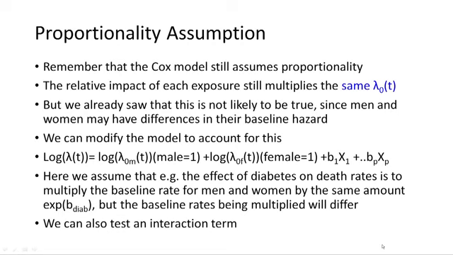Cox's model still does assume proportionality, namely that the effect of every variable is proportional to the effect of every other one. But we saw that that was not true, for example, for cancer mortality in men and women.